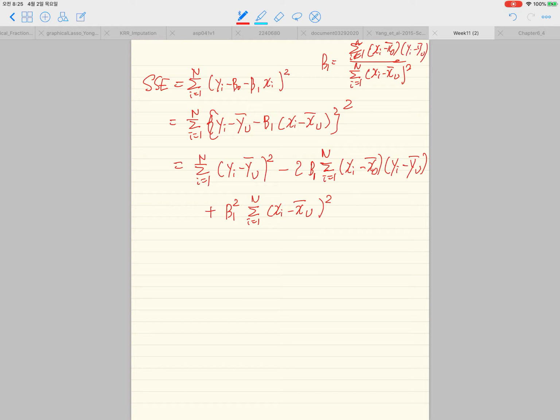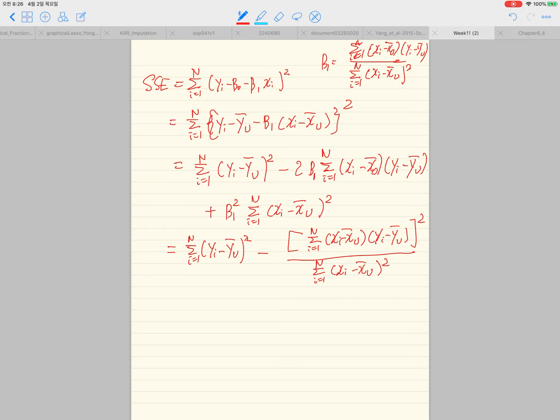So you can actually see that you can simplify to get something like that.